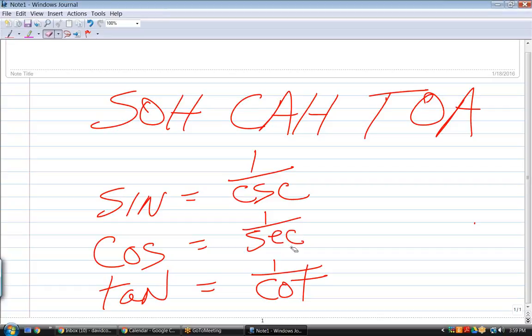Just a helpful way to remember these reciprocals. And these are probably the most important next thing to memorize after that. In other words, if you said what were the 4 most important things in trig to memorize, SOHCAHTOA gets you started. And then these 3 reciprocals, and of course I can figure out the other 3 reciprocals.